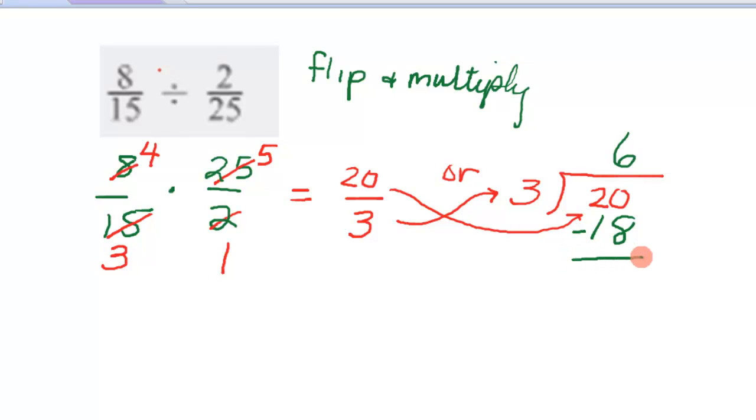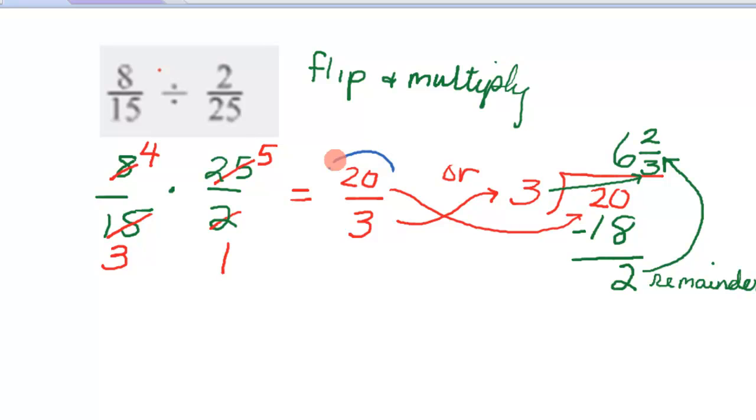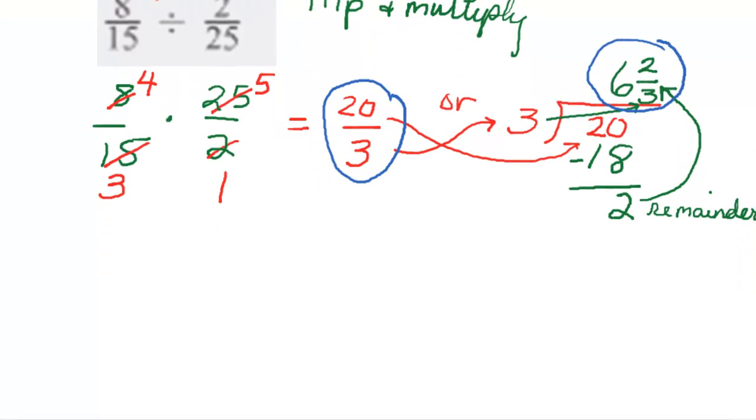Subtract those two, and we get 2, and that's your remainder. So make a fraction out of it by using it as a numerator and using our original 3 as our denominator. So you can either leave the answer as 20 over 3 or 6 2/3.